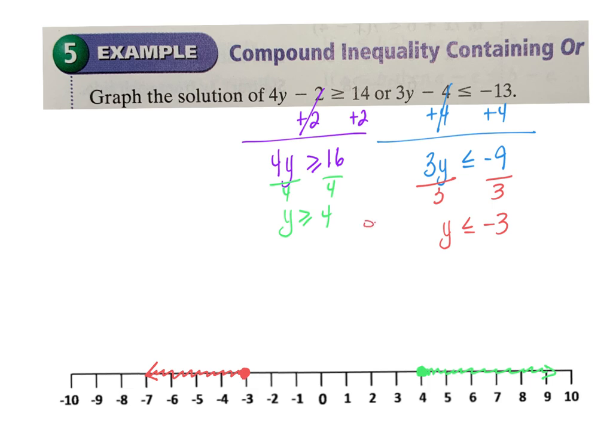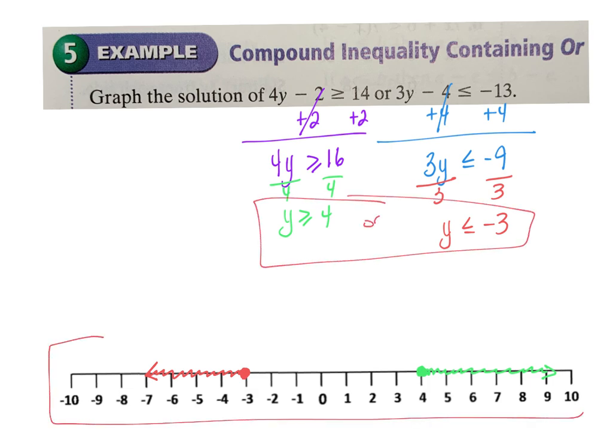The whole thing is your answer because it was "or." The whole graph, including them going in different directions, is your answer. With "or," it's perfectly fine that they don't cross over. You're not looking for an intersection here. This is a union problem. All right, so at the bottom of page 28, do check understanding number 5.